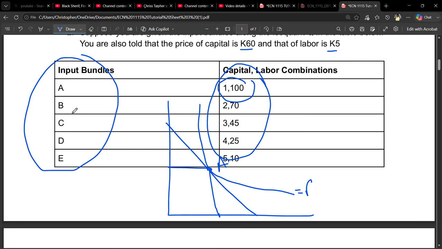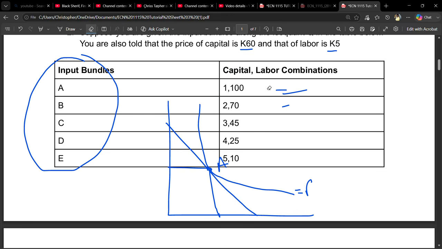Okay, so that is what I'm saying. So this level of inputs, this one and that one will give the same thing, that and that will give the same thing, and that will give the same thing. All these combinations will give the same thing, but if all these are on the same isoquant, it means that they'll give the same level of output.